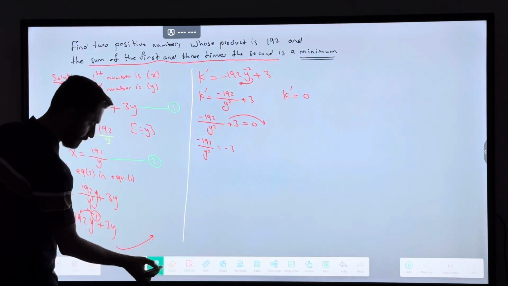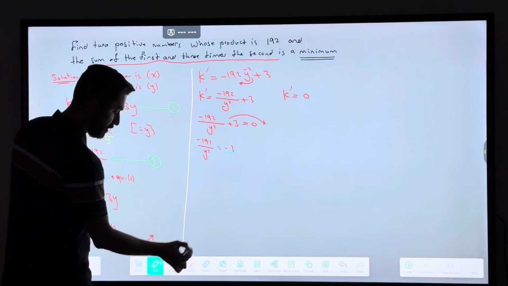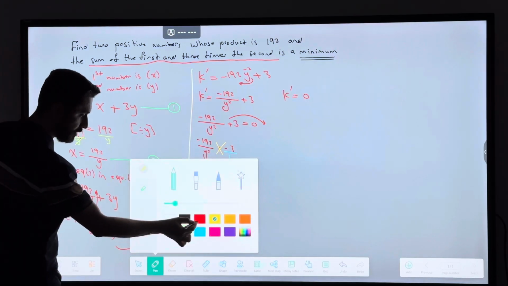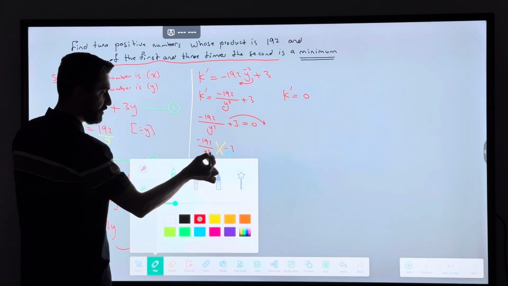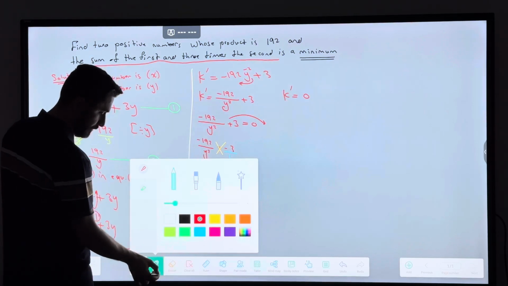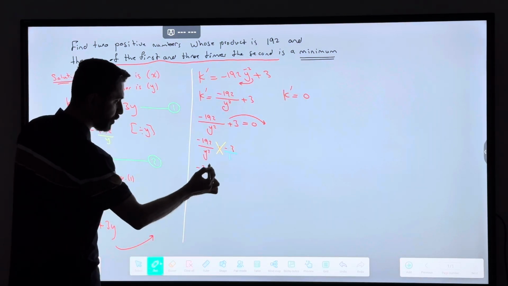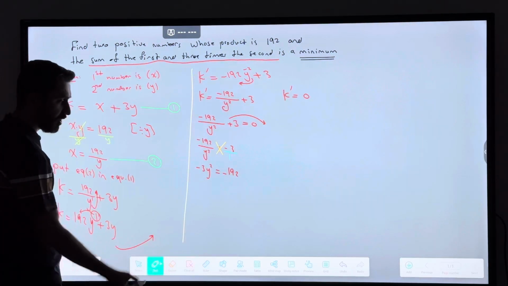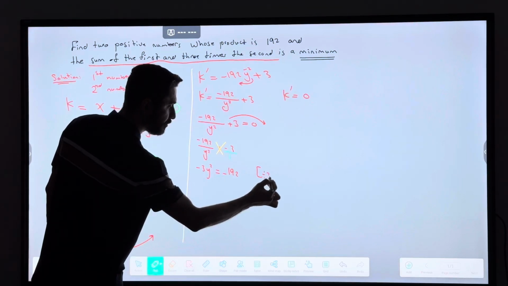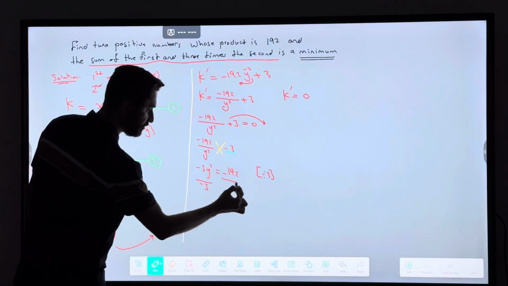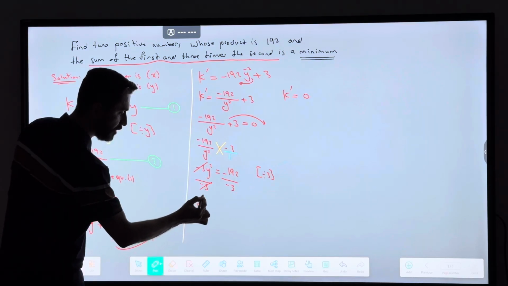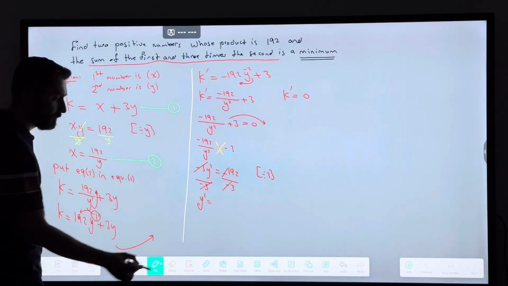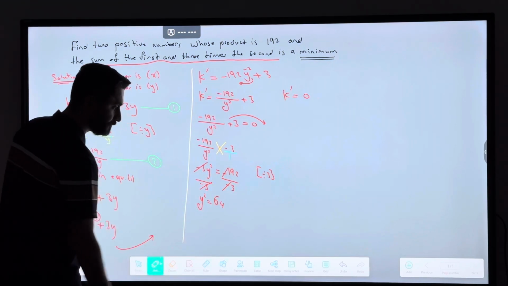The denominator of negative 3 is 1, so cross multiplication: negative 3 times y squared is negative 3y squared, and negative 192 times 1 is negative 192. Divide both sides by negative 3. Cancel the negatives: y squared is equal to 192 divided by 3, which is 64.